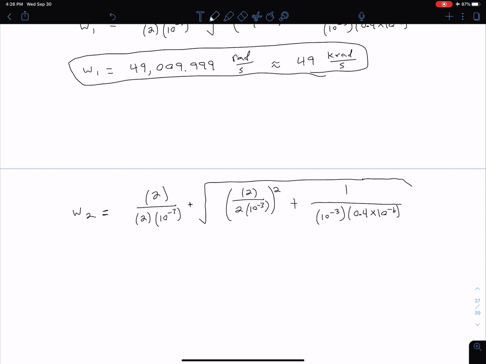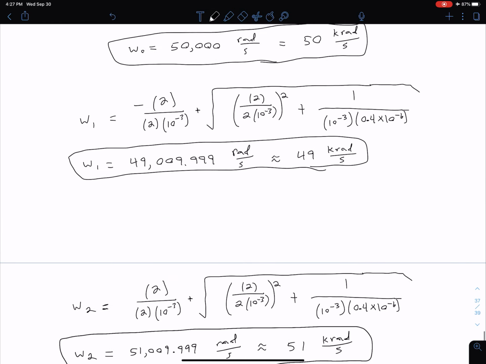And so if we plug that in to calculate it, we get that this omega 2 value is equal to 51,009.999. That's radians per second. Again, that's very clunky to deal with, so we can just call that 51 kiloradians per second.